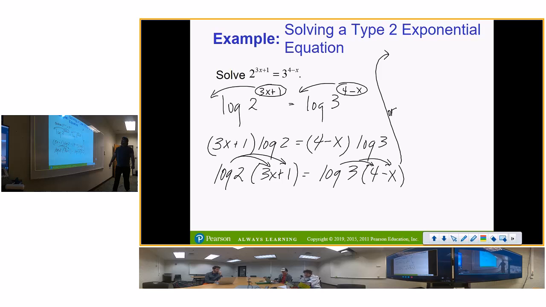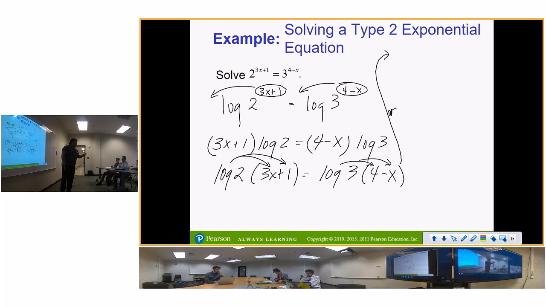Is it 0.3 even? 0.3010299. Okay, what's the problem with changing it to a decimal? It's continuing. Now, sometimes you might get a 0.2, and that's very rare, but what if you got 10 decimal points? You going to write those down every time, distributive law, or are you just going to leave it log? I would leave it logarithm and then do it at the very end of the problem.